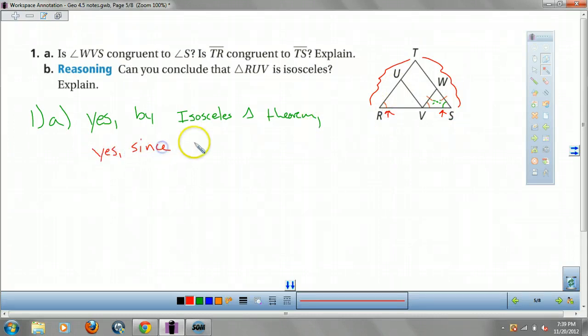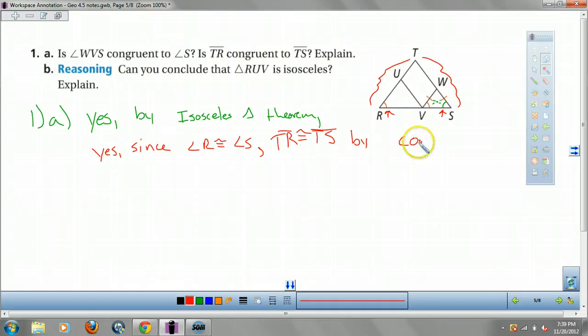Since angle R is congruent to angle S, then TR is congruent to TS by the converse of the isosceles triangle theorem.